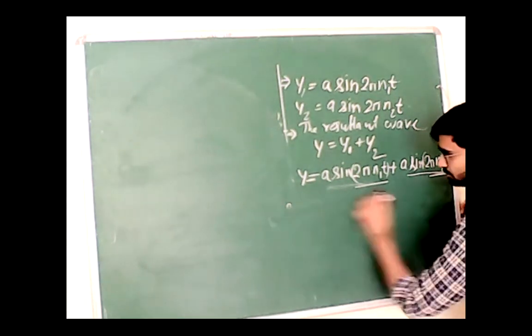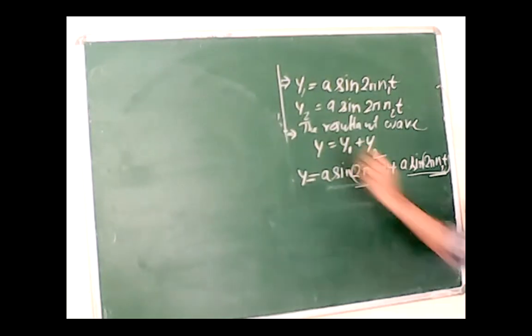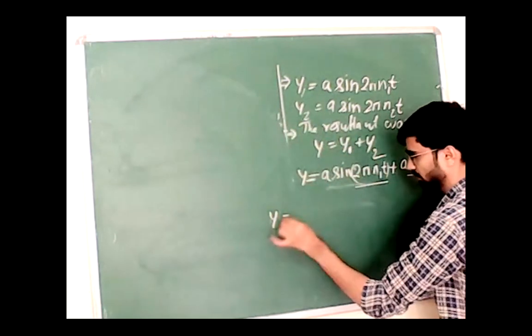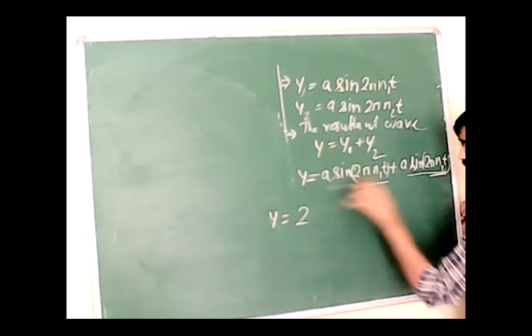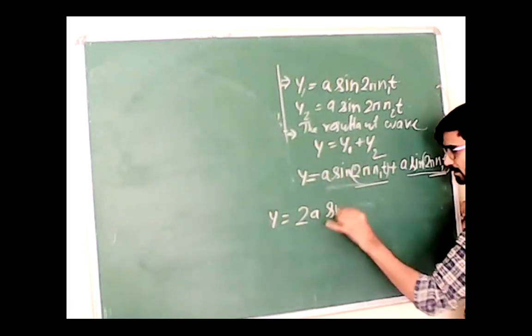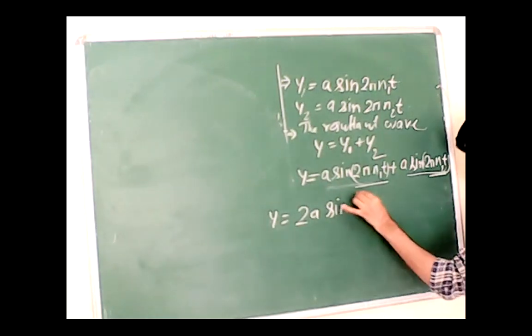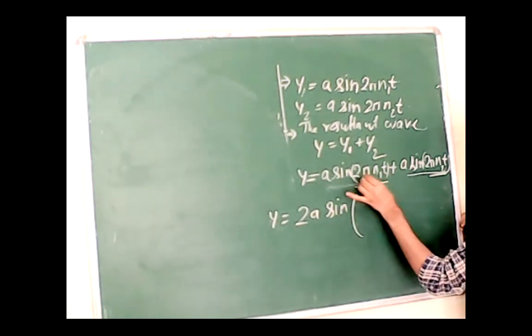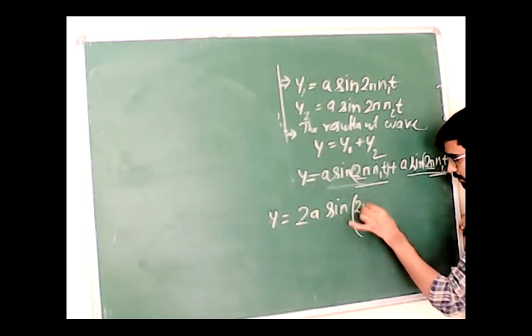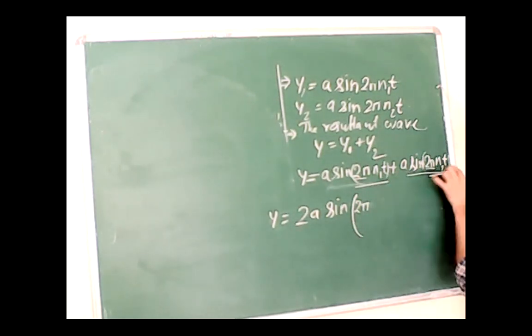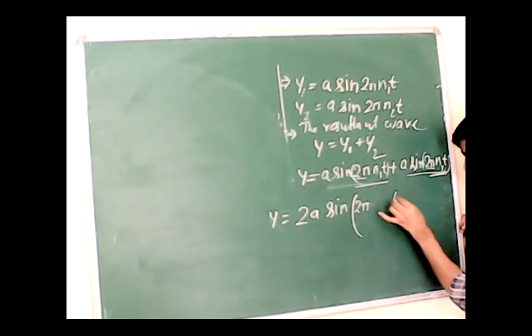So we can write y equal to 2a, since a is common in both, then sin. Again, 2 pi is common in both, and t is common too.